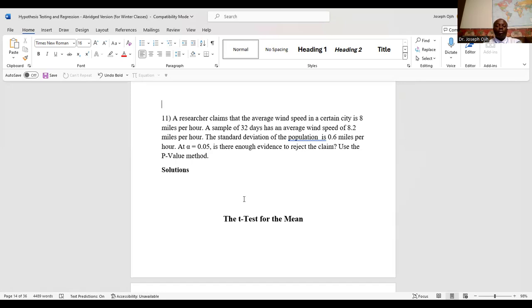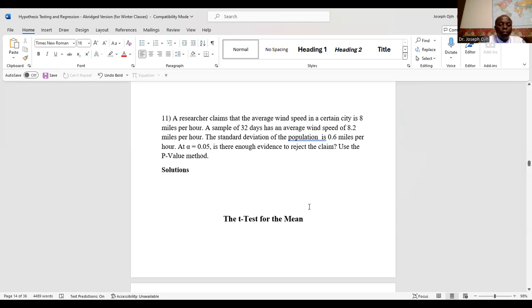A sample of 32 days has an average speed of 8.2 miles per hour. The standard deviation of the population is 0.6 miles per hour. At alpha 0.05, is there enough evidence to reject the claim? Use the p-value method. Okay.